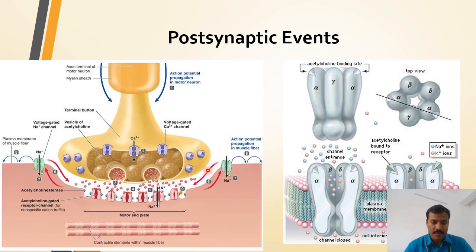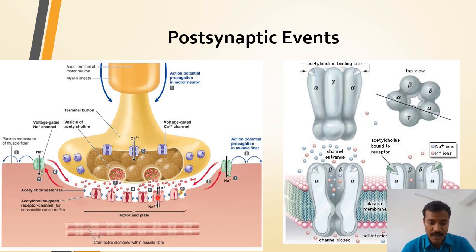The postsynaptic events. Once the vesicles are released, acetylcholine binds with the nicotinic acetylcholine receptors. The ligand-gated channels get opened, and there will be entry of sodium inside and potassium outside. But the gradient is more for the sodium, so sodium entry will be more than the potassium efflux.